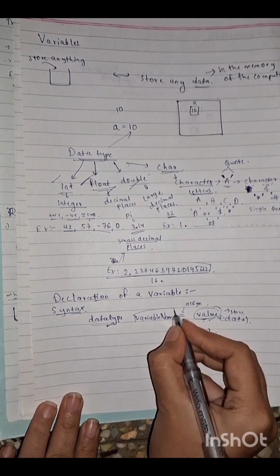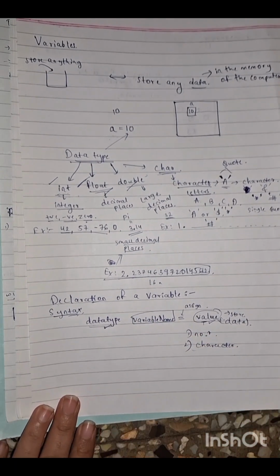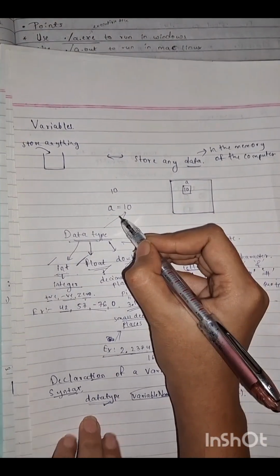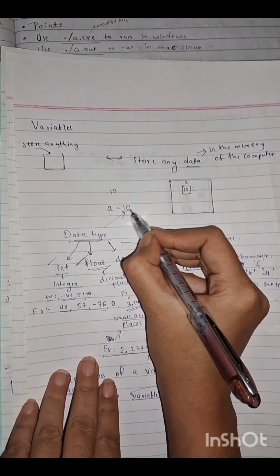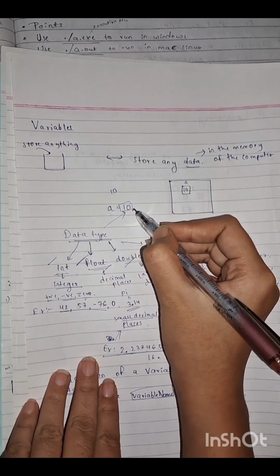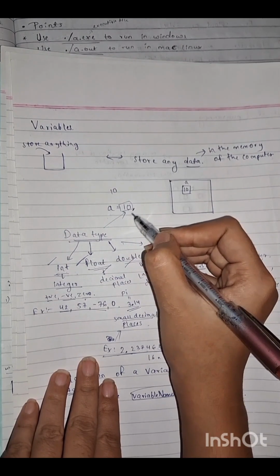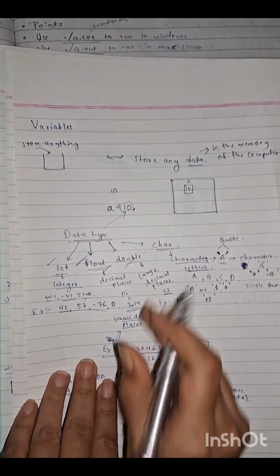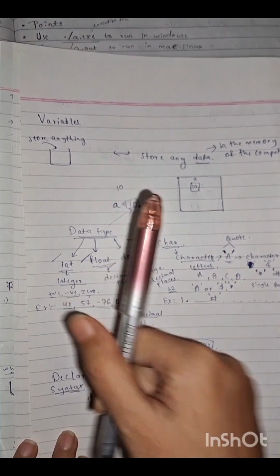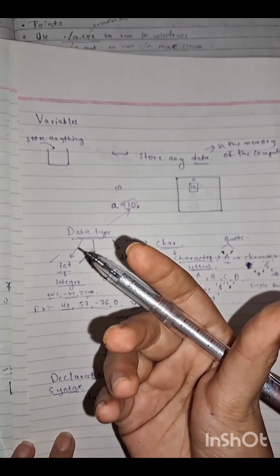Okay, so what is a variable name? Here I said that if I want to use this number, I have to call its name. Like in real life, every human being has a specific name.